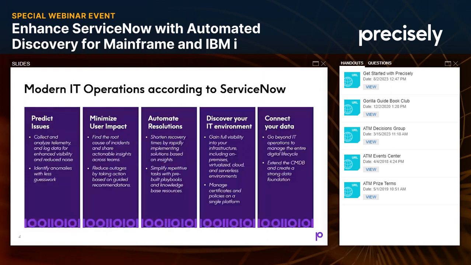Another area that they talk about with IT operations being important is minimizing the user impact. So if you haven't been able to predict something and it does happen, how do you minimize the negative impact on your user community?